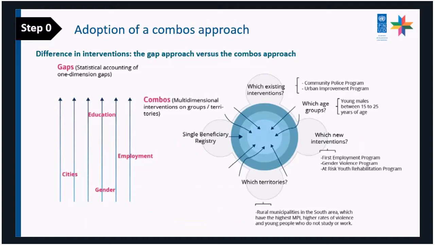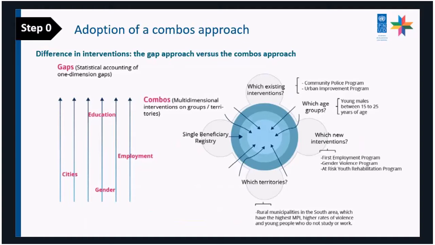So if you will, take a look at the right side graph. The Combo approach has 2 key elements, the first one is a zoom on territory, on parishes, on municipalities, on thinking of those parts on the map that are red, meaning that we have deprivations, that we have violence, that we have malnutrition, that we have teenage pregnancy, or we have issues that are not solved by more of the same.